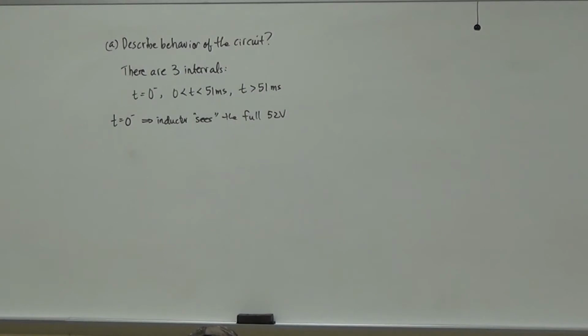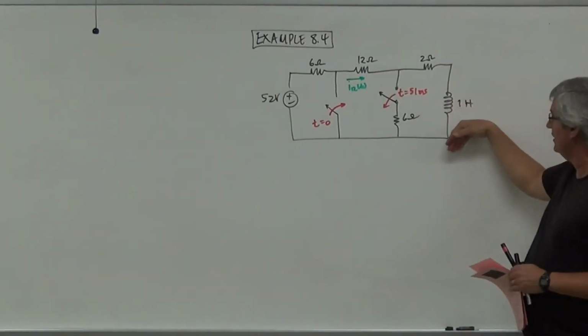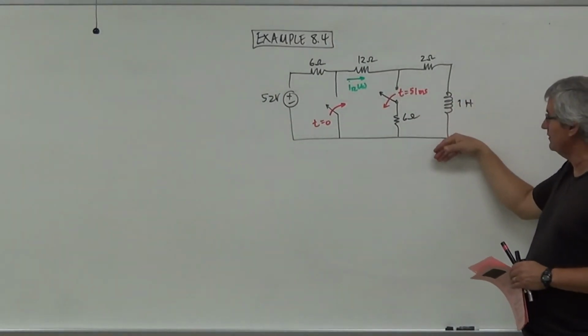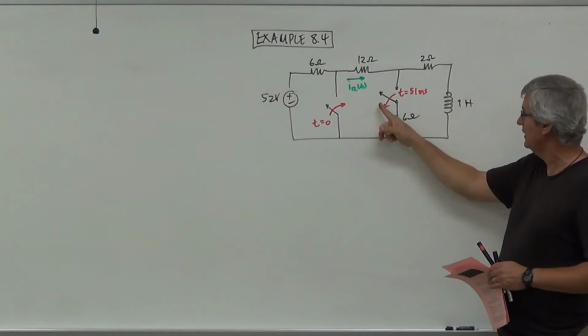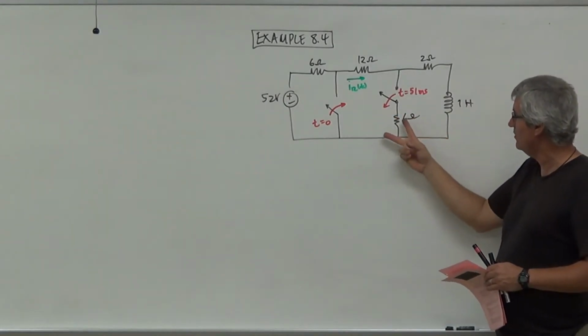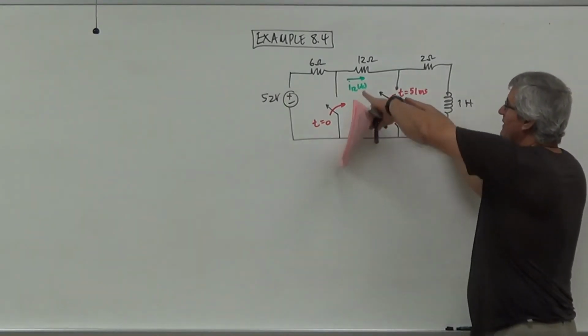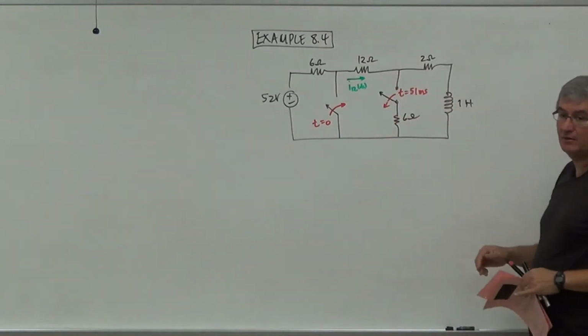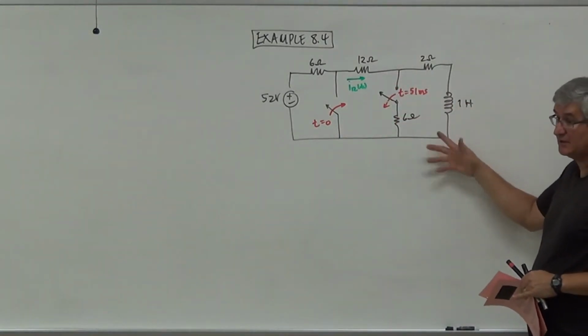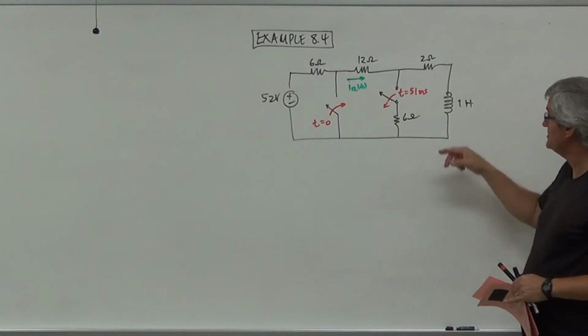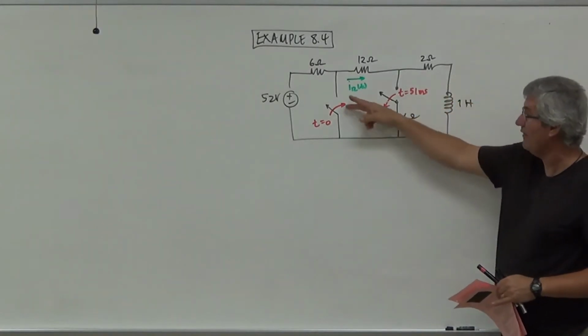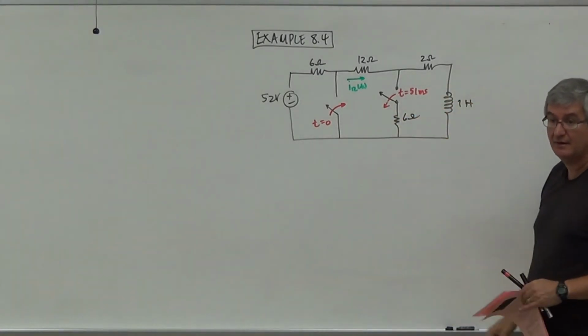As the current through the inductor is coming down, if this is closed and this is closed, it's now seeing its current being divided by these two. It's decaying, of course, because there's no source.